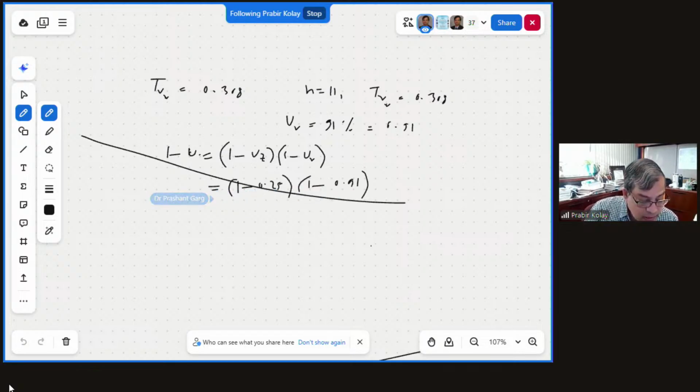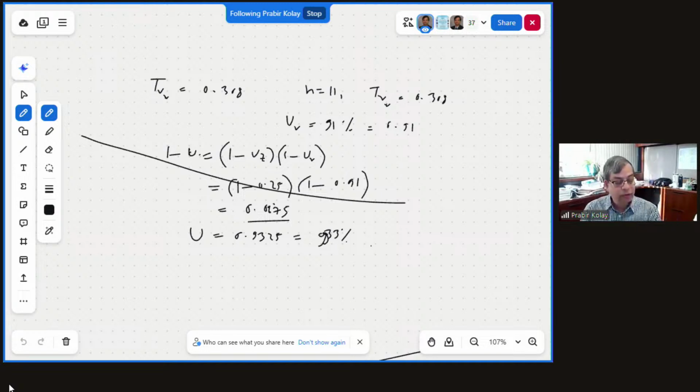So you can easily calculate this, and ultimately you will get around 0.9325. So basically it is approximately 93%.